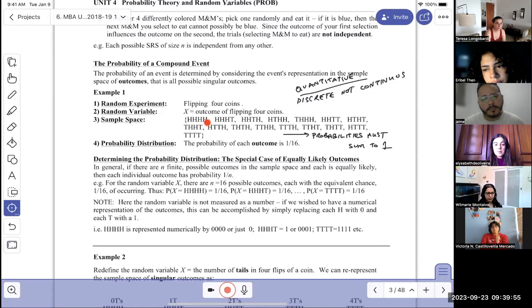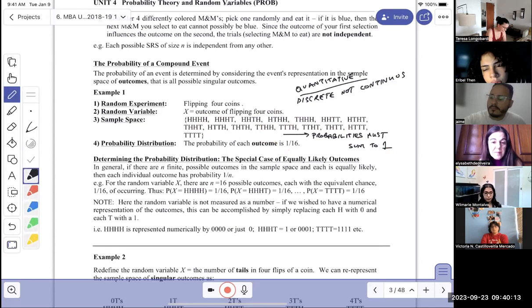It doesn't change from flip to flip or trial. And so these are all equally likely. If they have to sum to 1 and they're 16 and they're equally likely, then each probability must be 1 over 16.